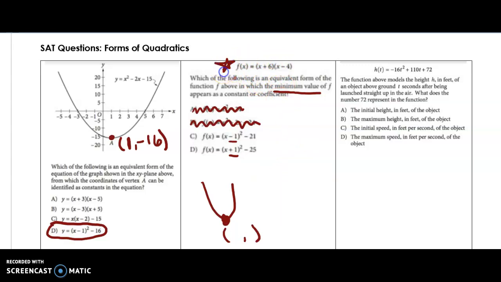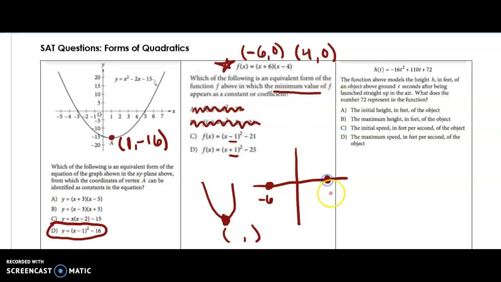Well, when our equation is given to us in factored form, the way we did that was by graphing our x-intercepts, because our x-intercepts are really easy to get from this. We have -6, 0, and then 4, 0. So I'm going to graph those points, -6, 4. My a value, again, is positive, and so I know my parabola is facing up.